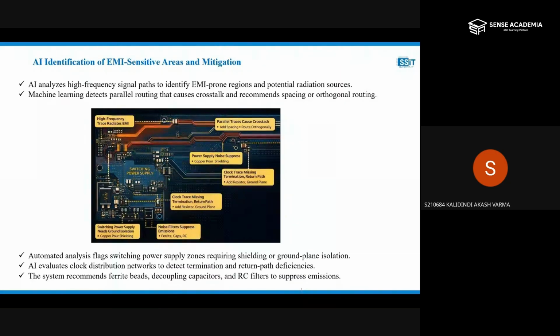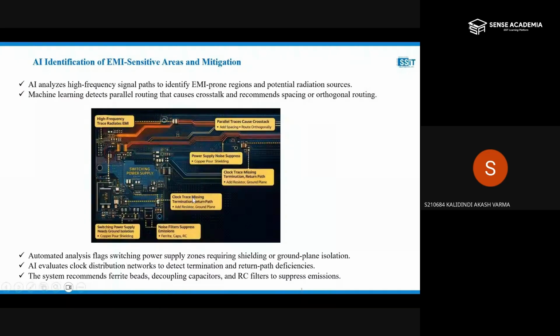If the number of vias is higher in count, it will highlight that cost will be increased. And for high switching signals, whether we are using proper shielding and a proper ground plane for isolation or not, we get these kinds of suggestions from the AI tools.